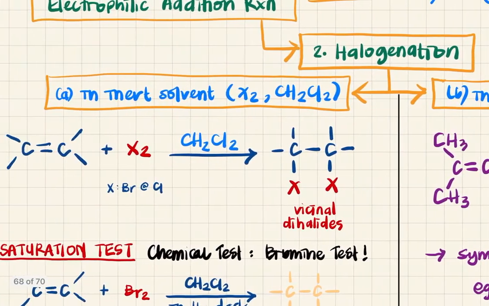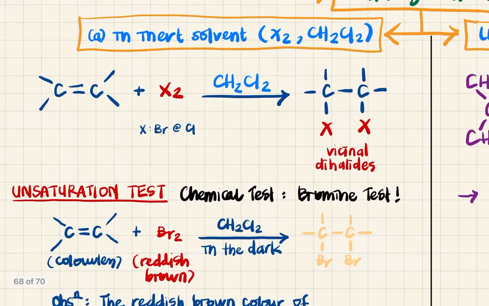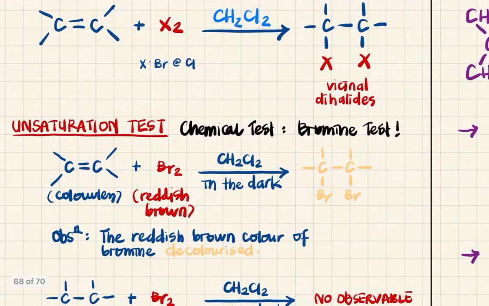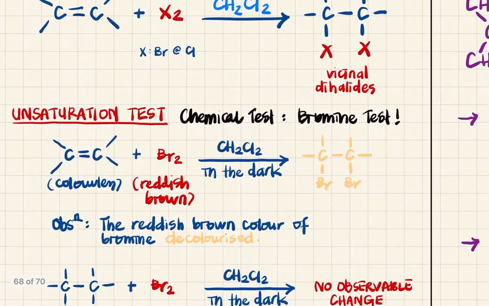Back to this reaction, halogenation in inert solvent. It is actually the chemical test that I pointed out just now. It is called the bromine test. This bromine test is to find out whether your molecule has a carbon-carbon double bond, whether it is an alkene or not. For example, let's say you have an alkene, which is colorless.